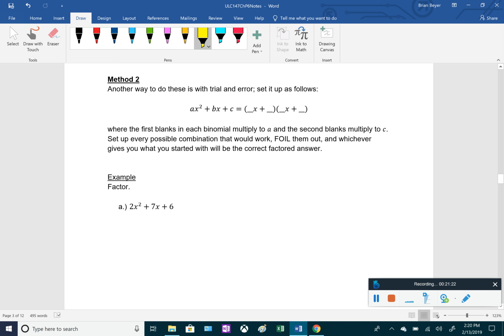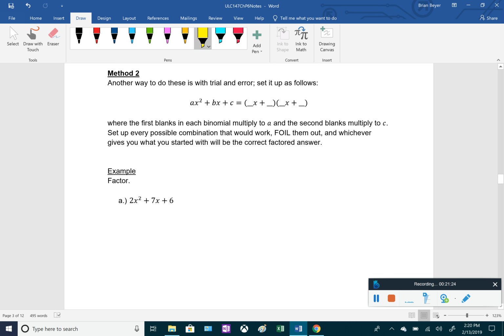The second way to do it is by trial and error. So when it's in that form, ax squared plus bx plus c, it's going to look like the ones we just did, except the x terms in each binomial are also going to have a coefficient. So it's going to be (something x plus or minus something)(something x plus or minus something). So it's a lot more annoying here.